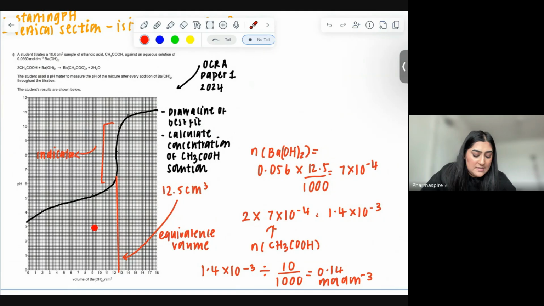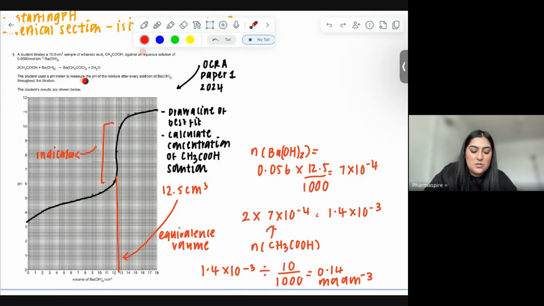So if we look at my axes, I've got the volume of the base, right? I know if I've got a volume of a base and I know its concentration, I could get the moles. So I'm going to read down from the equivalence point, and I'm getting 12.5. That's my equivalence volume, to which I can use a concentration given to me in the question and get the moles. Now, this is my little indicator to say that we don't actually want barium hydroxide, we want ethanoic acid.